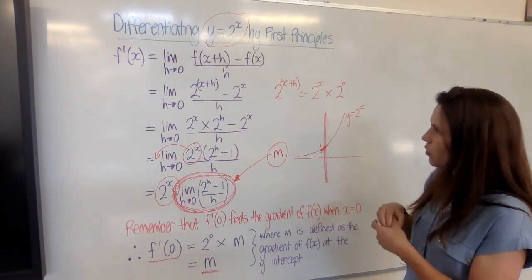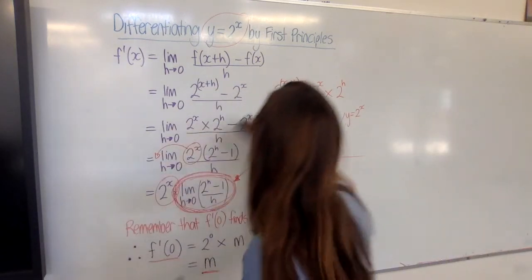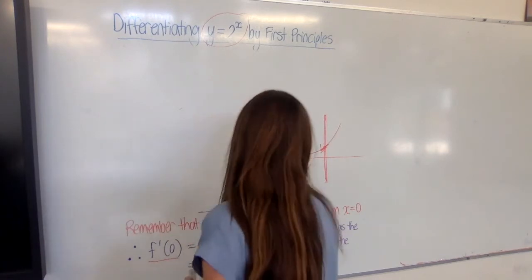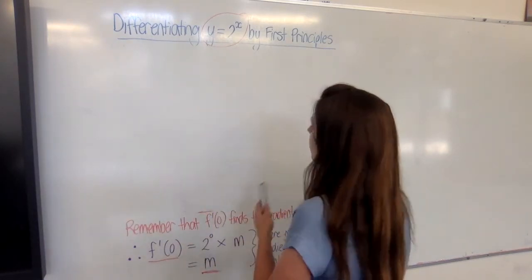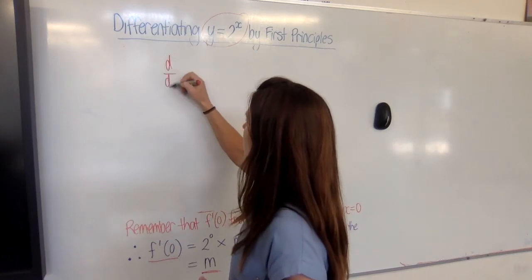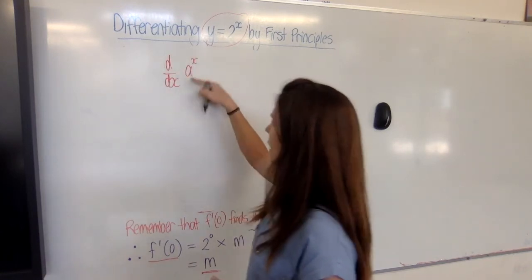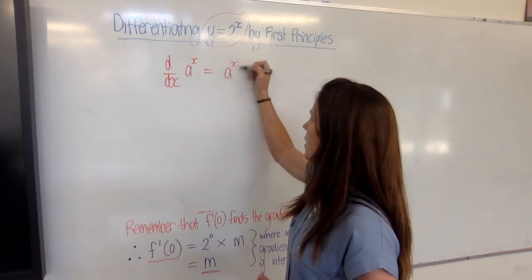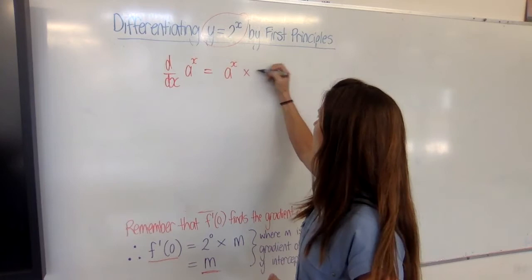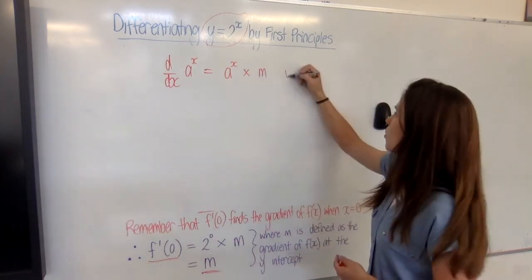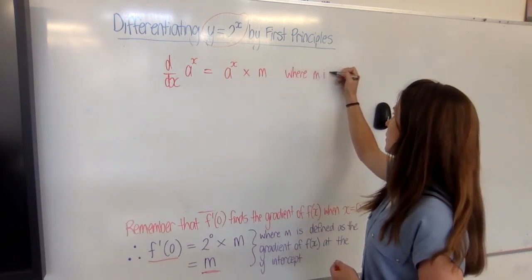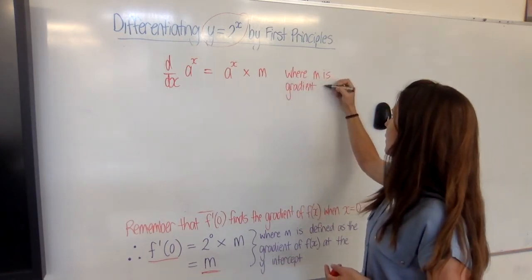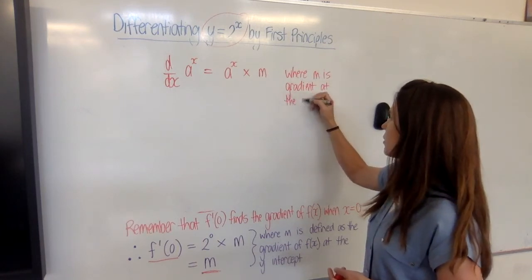Now we can make this into a more simple looking rule. If I rub out this part and just write down what we've learnt here as a general rule, what we've found is that if you differentiate anything to the power of x, then what you get is that same function multiplied by m, where m is, by definition, the gradient at the y-intercept.